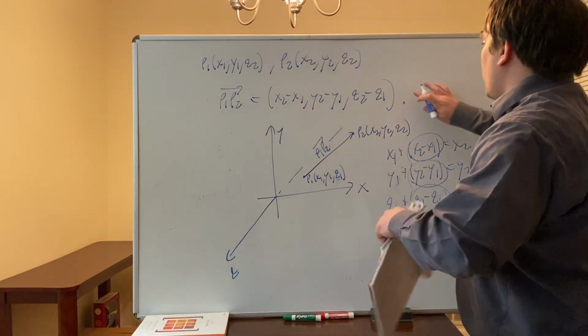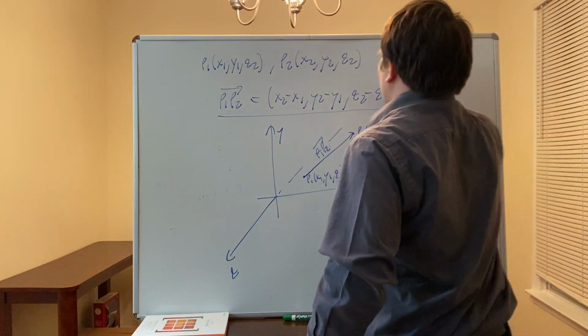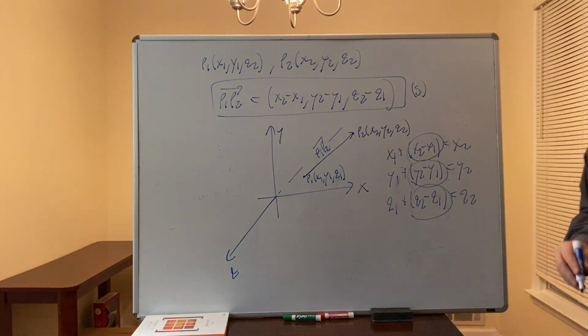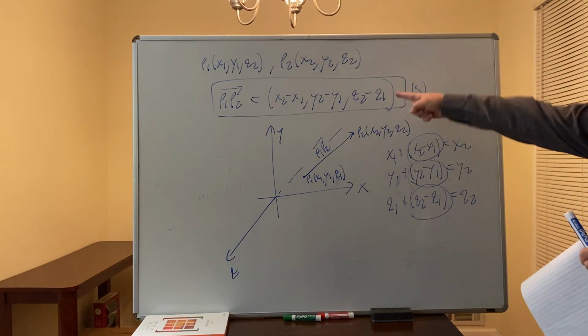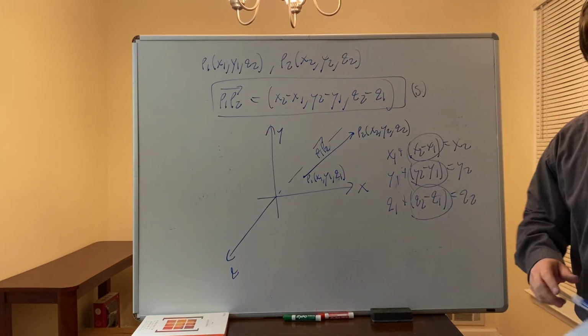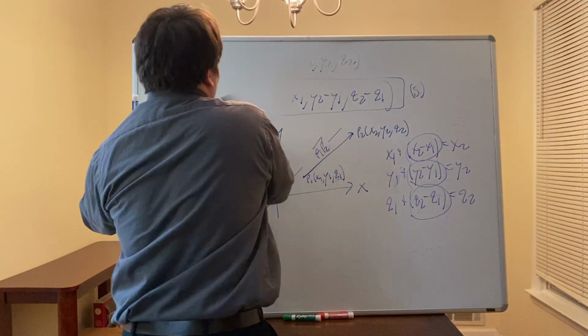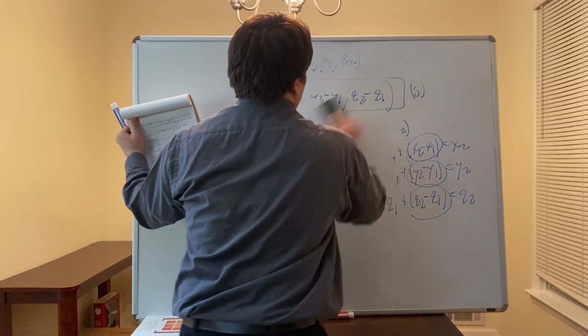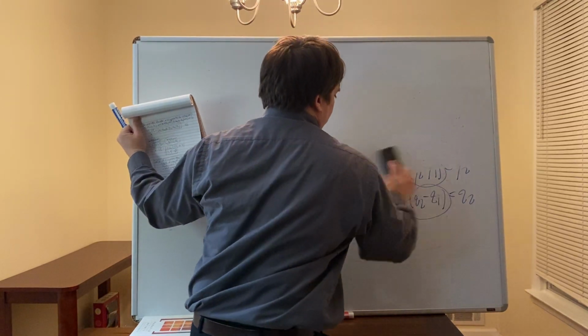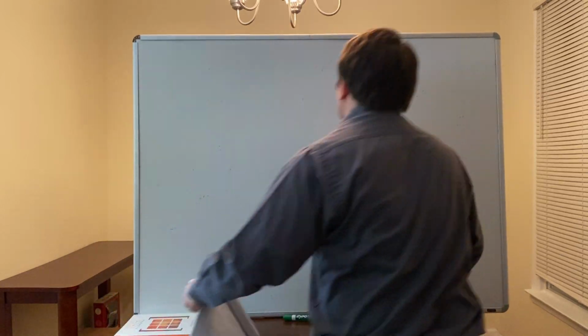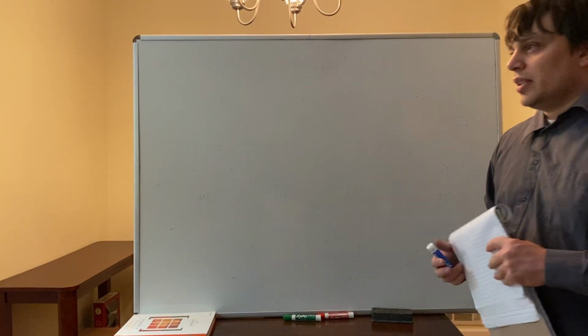Okay, and this is equation 5 in this section. Given these 2 points, P1, P2, the vector P1, P2 is that vector with those 3 components. That's equation 5 in three space. Okay, good.